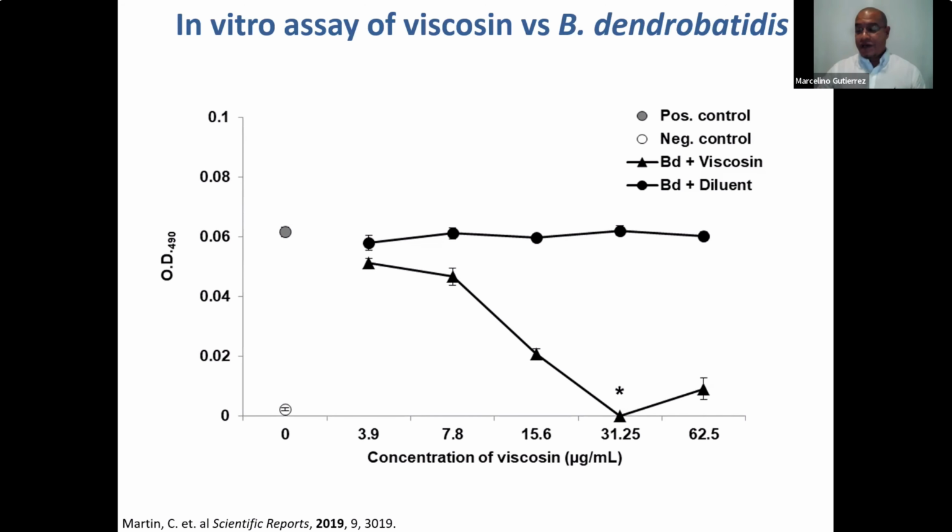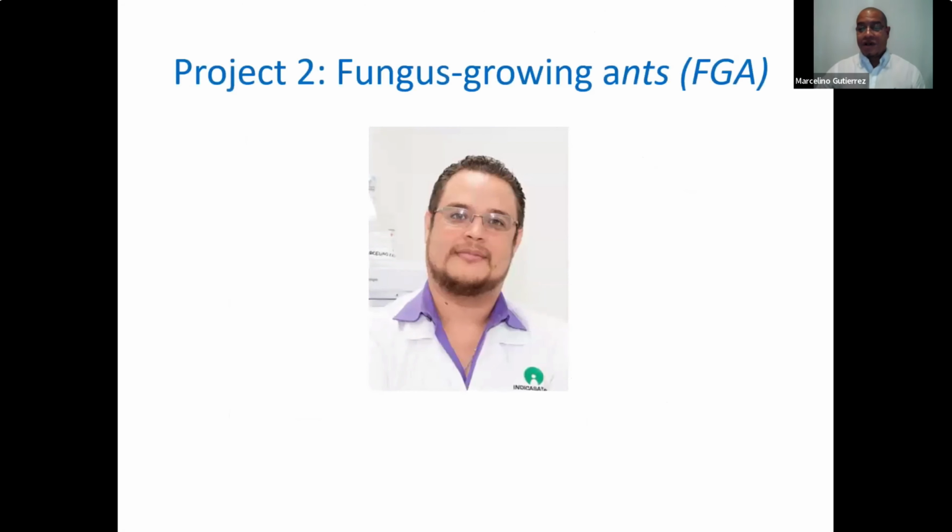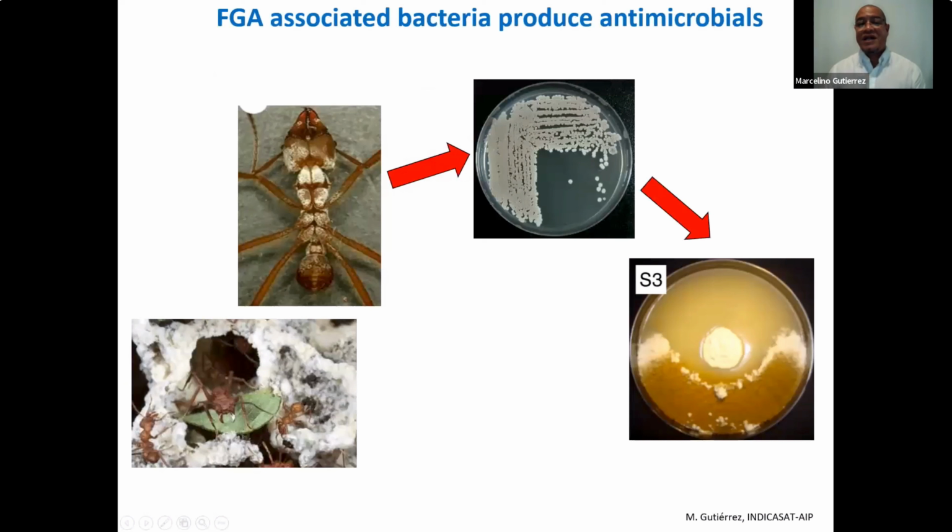Okay, so we're going to the second project, which is on fungus-growing ants. It was carried out by Dr. Christopher Boya, also from our laboratory. And this is about ants that keep some actinomycetes.